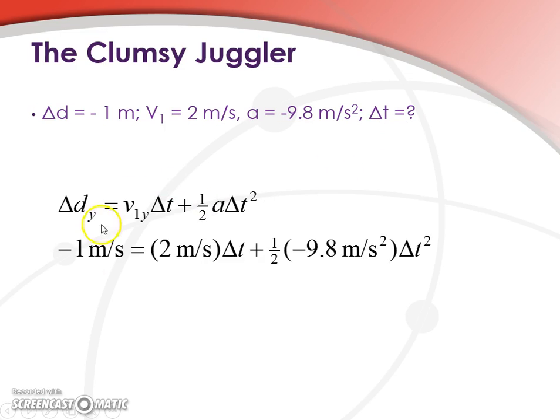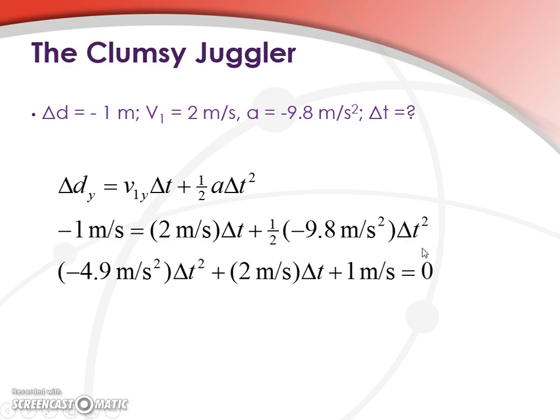So we can substitute in -1 meters, equals 2 meters per second times delta t plus 1/2 times -9.8 meters per second squared times delta t squared. And we can go through and move the -1 term across to the other side.